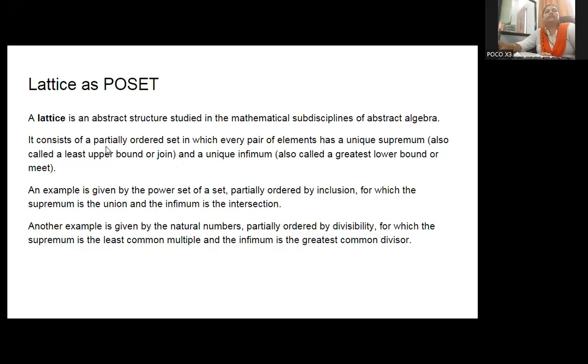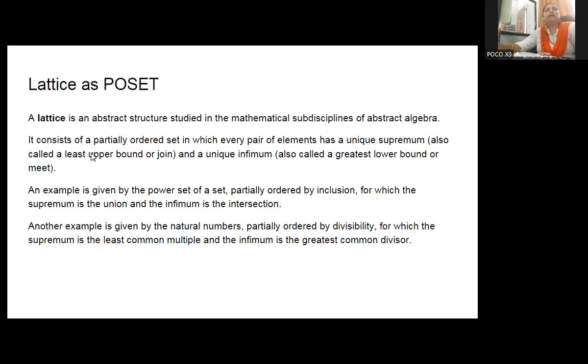What a lattice consists of: a partially ordered set in which every pair of elements has a unique supremum, that is the least upper bound, and a unique infimum. Infimum is the greatest lower bound.